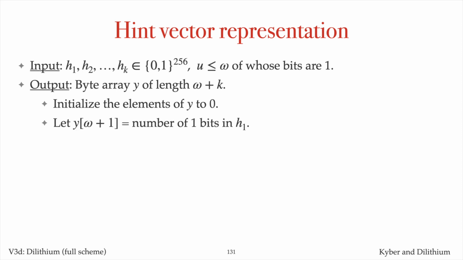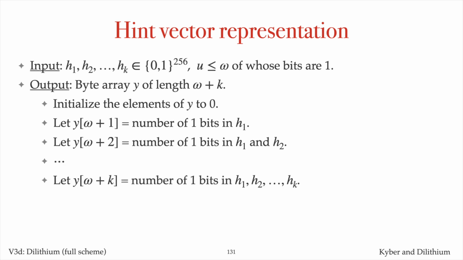Byte number omega plus 1 records the number of 1 bits in the vector h1. Byte number omega plus 2 records the number of 1 bits in the vectors h1 and h2, and so on up to byte omega plus k.